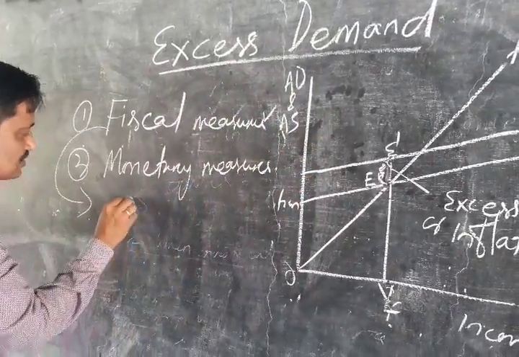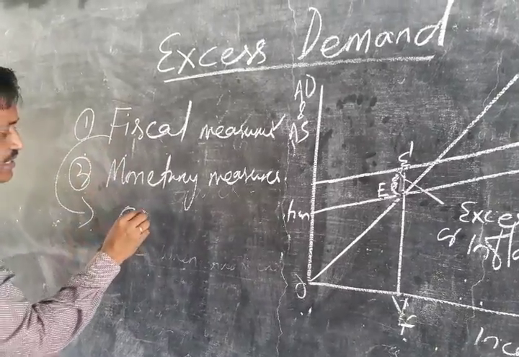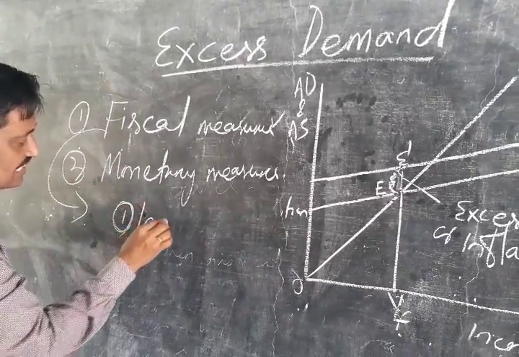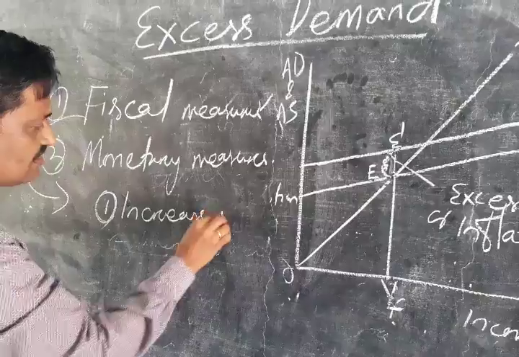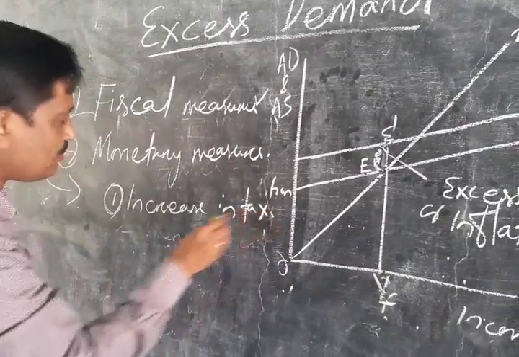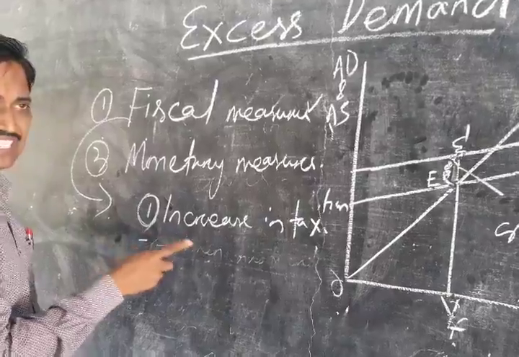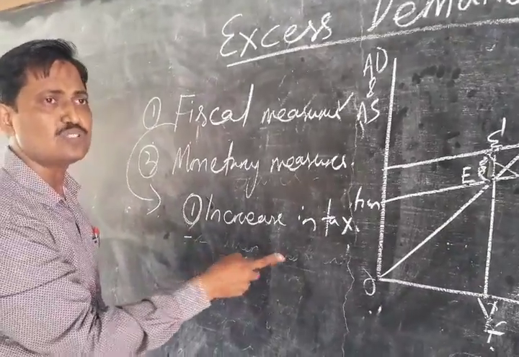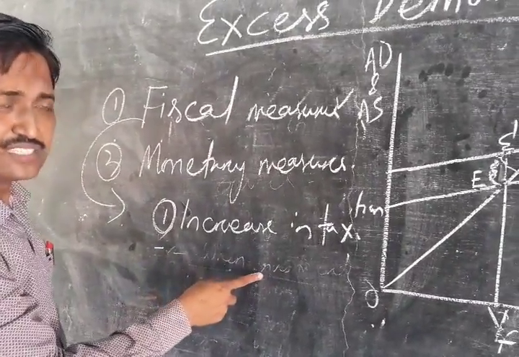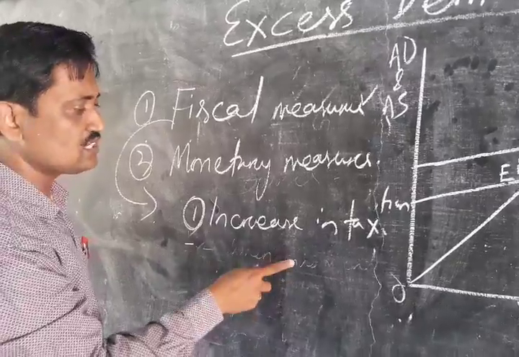So what are the fiscal policies? First one is increase in tax. Government will either increase the tax rate or levy new taxes, impose new taxes.